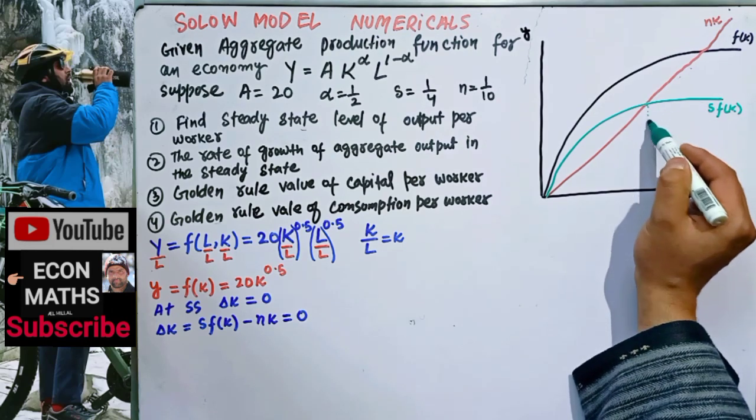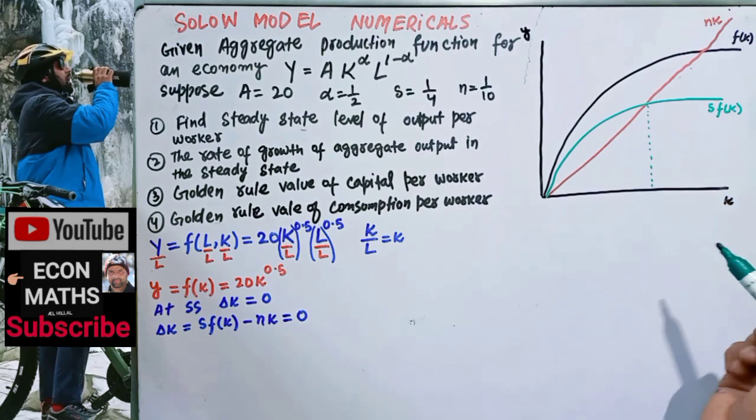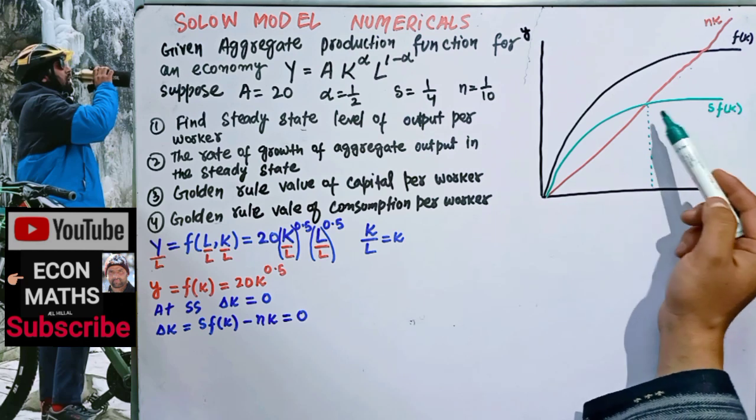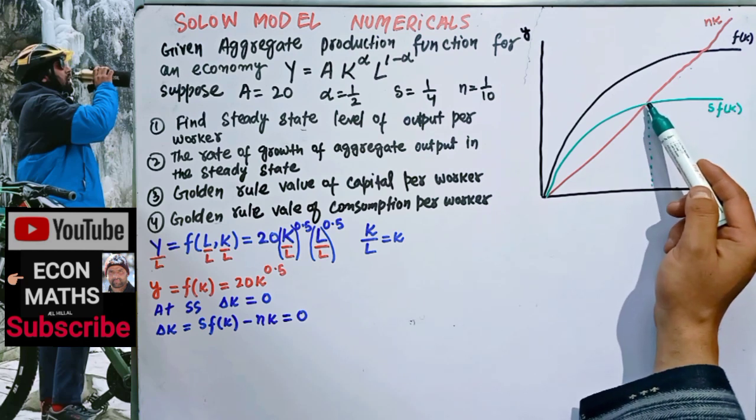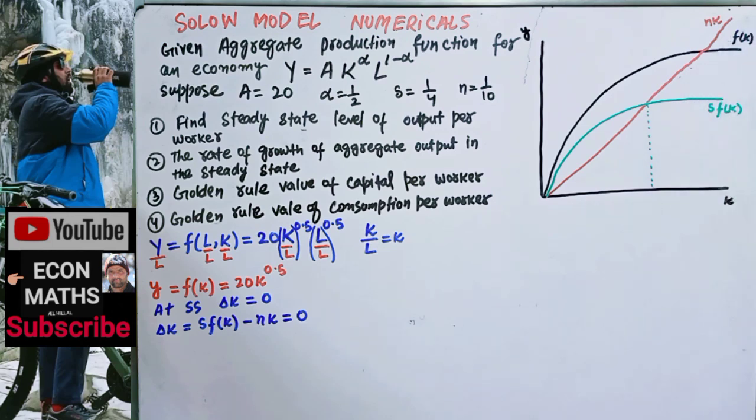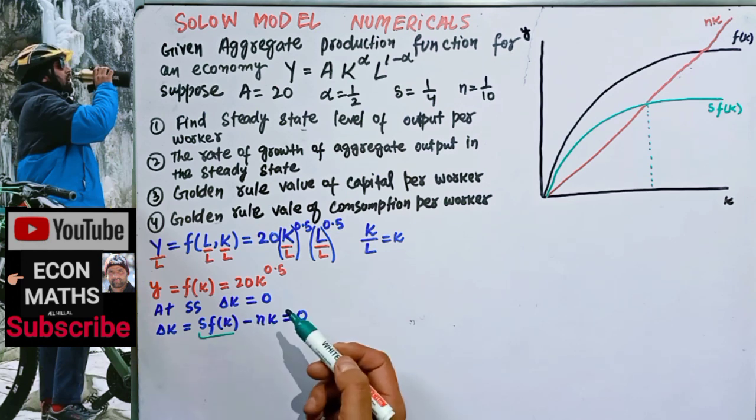So at steady state, at this point you can see savings is exactly equal to nk, or we can also say that this nk is a kind of depreciation. Population growth is one reason why capital stock per worker shrinks. We know that capital stock does not change at steady state.